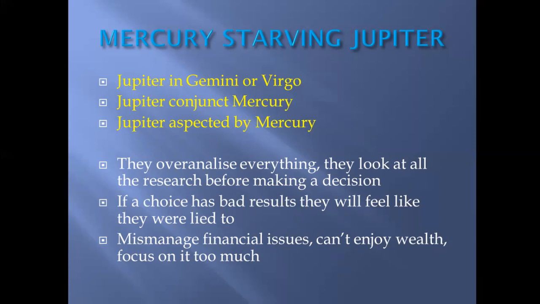And they will look at all the research before making a decision, but it will be a little bit too much. It will be too focused on analyzing things. Then if a choice has bad results, they will feel like they were lied to. And they will tend to mismanage financial issues as well. They can't enjoy wealth because they're focusing too much on finding ways to get wealth or to manage their wealth.